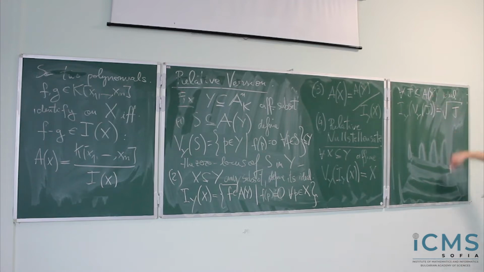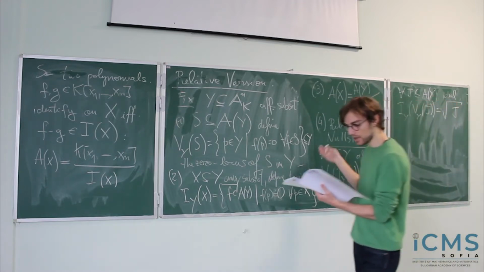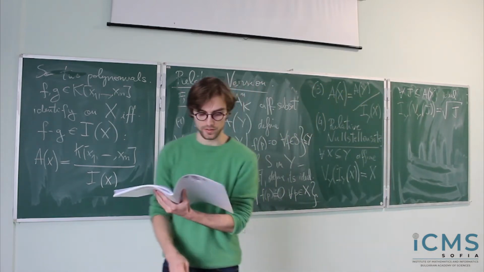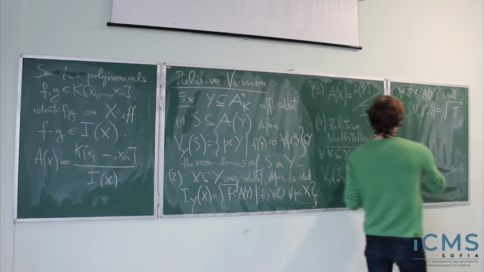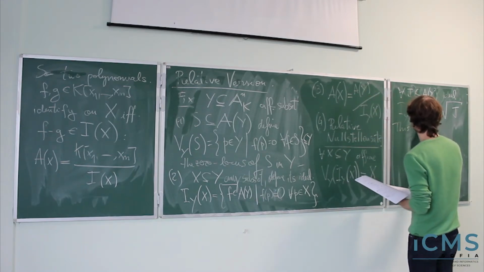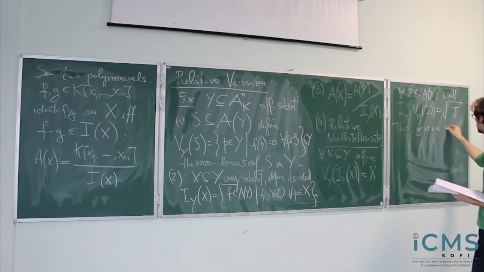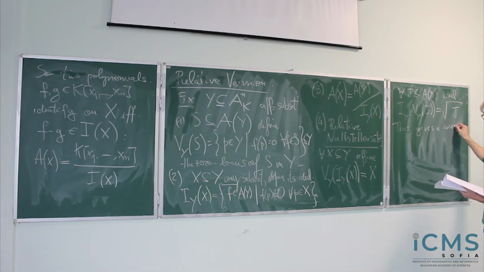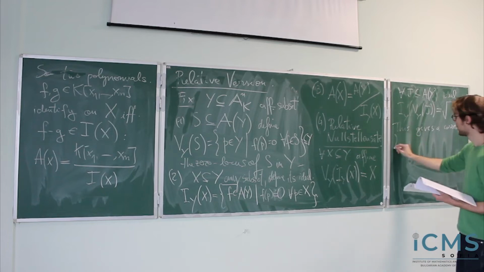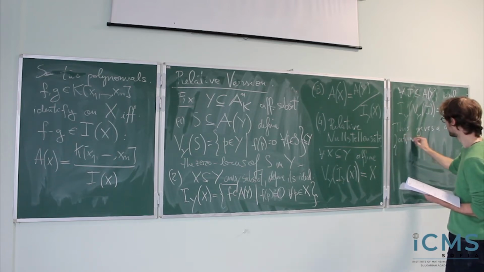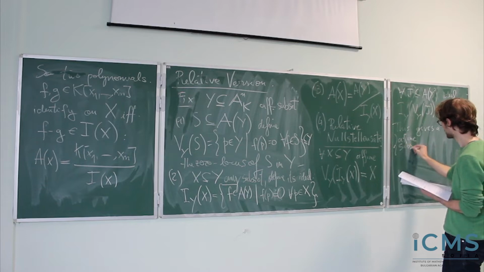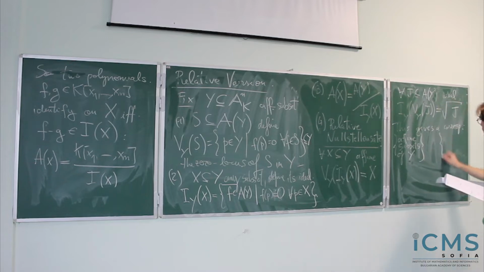So this is the difficult part of the Nullstellensatz at the end, but it can all be tracked back to the original Nullstellensatz. And this gives a correspondence: we have affine subsets of Y on one side, and we have radical ideals of A(Y) on the other side.